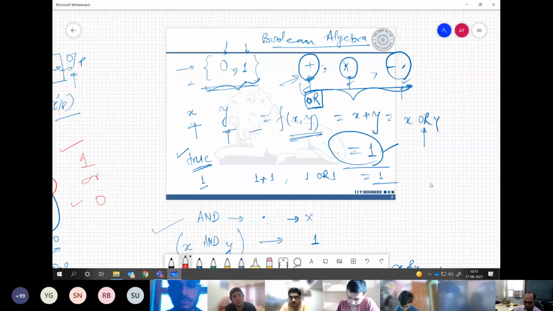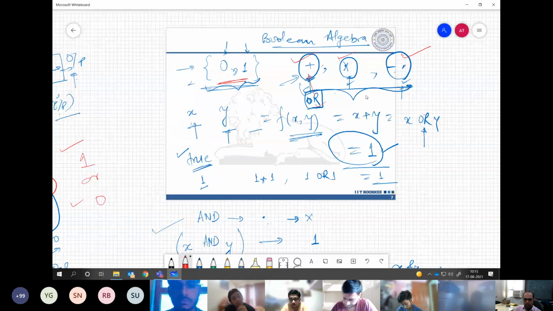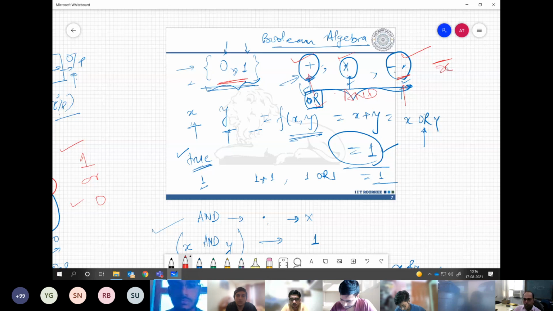Now, Boolean algebra is basically a combination of these two states and three operations. Anything we want to do in Boolean algebra or switching algebra or any digital design essentially uses these three operations: sum, which is called OR; product, which is called AND; and the NOT operation, whether you represent it with a bar on the variable or with a prime next to the variable.